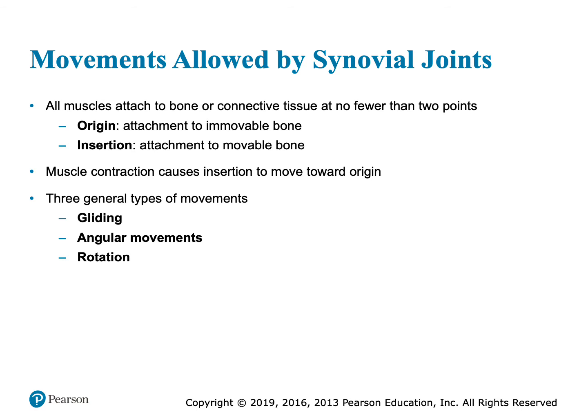Whenever we do muscles, you're going to see this again. Muscles are going to originate somewhere on a bone, and then they're going to insert on a bone. So what does that mean? Wherever they originate is going to be closest to the core of the body, closest to the trunk.